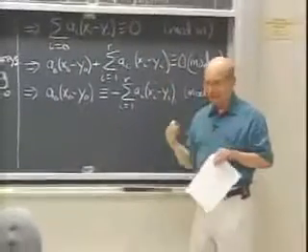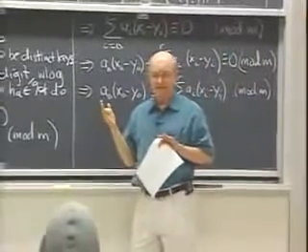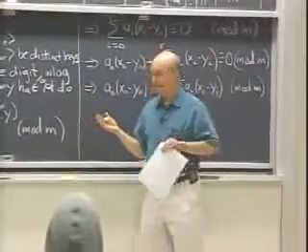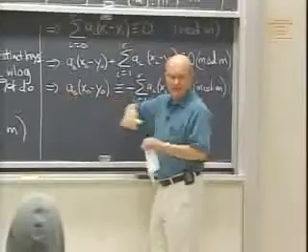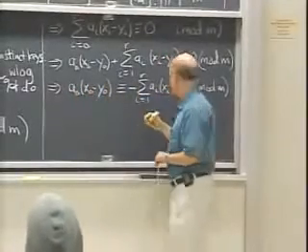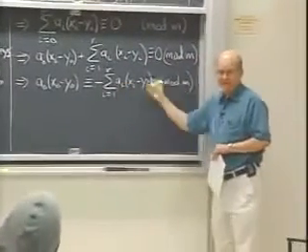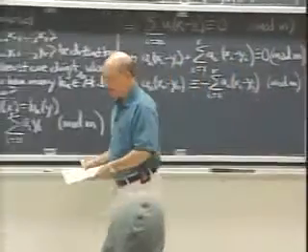For example, minus 5 mod 7 is 2. So if any of these things are negative, we simply translate them by adding multiples of m, because adding multiples of m doesn't affect the congruence.